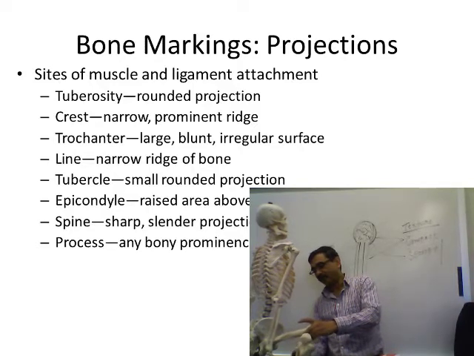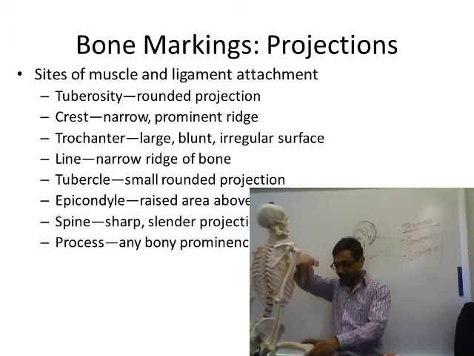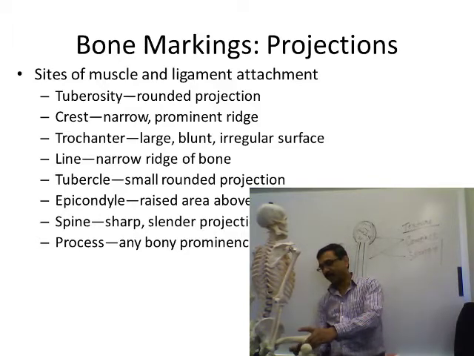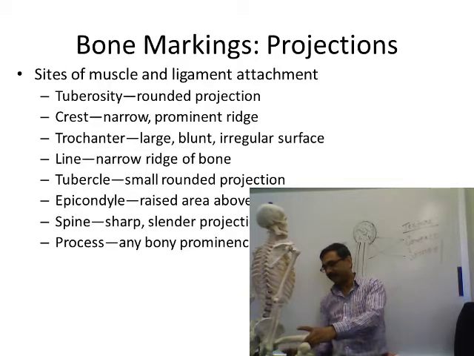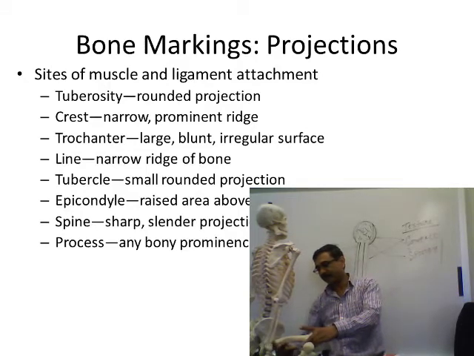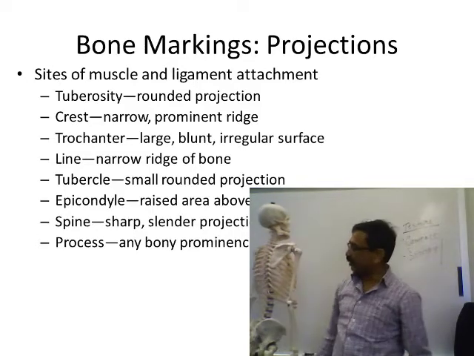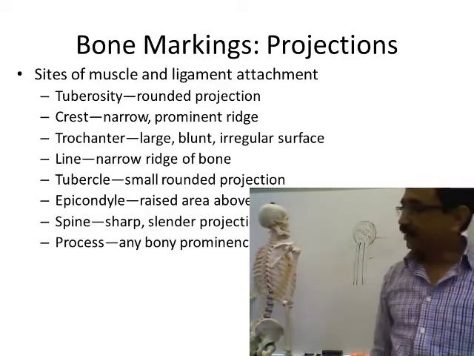In the lower part, you have two lines like this. Those are called supracondylar lines, and here this is called linea aspera. So there are three lines here: linea aspera, and then it splits like this and forms the supracondylar lines. Those are examples of lines on the bones.